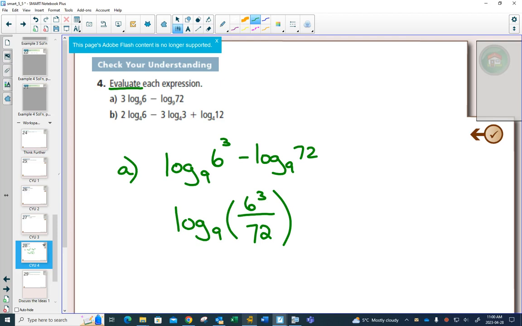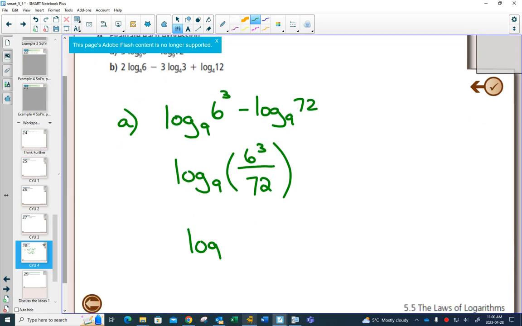Now, this being a non-calculator question, we have a couple of options. And what I'd like to show you is the option that is easiest mental math with. And I might show you some mental math tricks. I would not multiply 6 times 6 times 6 and get 216, even though you could do that. Because 216 divided by 72, I don't have a 72 times table that's that quick. So instead of multiplying it all out and trying to divide big numbers, I break the numbers up into their factors.